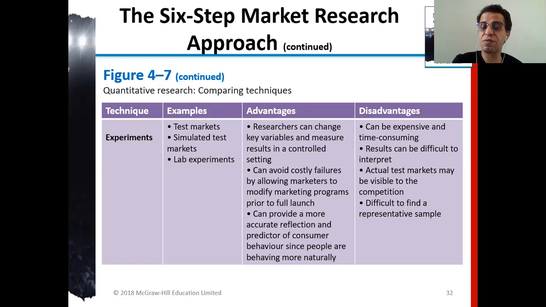It can avoid costly failure by allowing marketers to modify the marketing program prior to full launch.